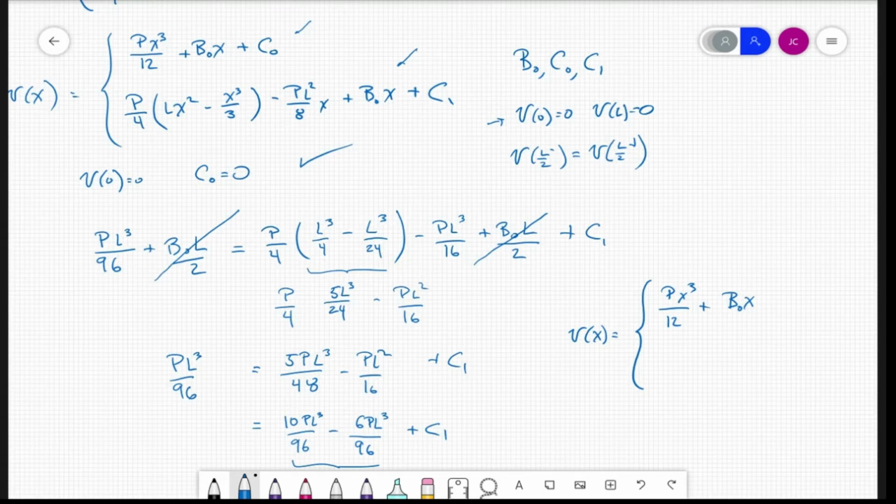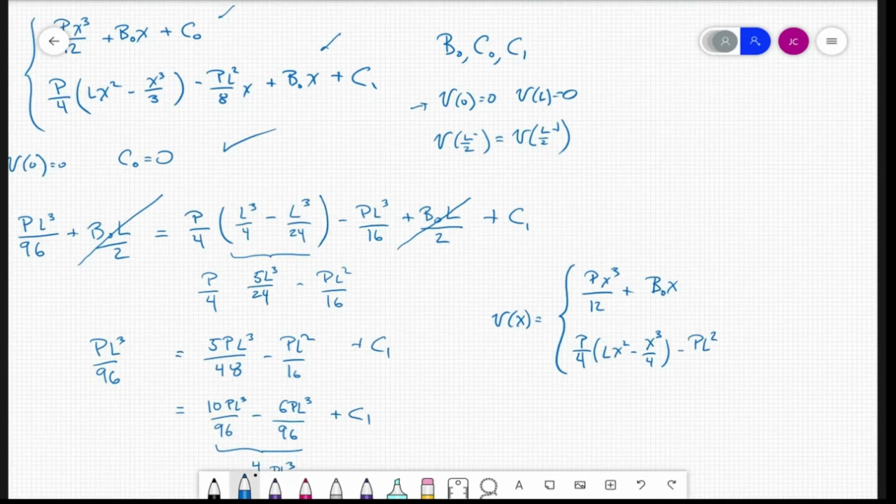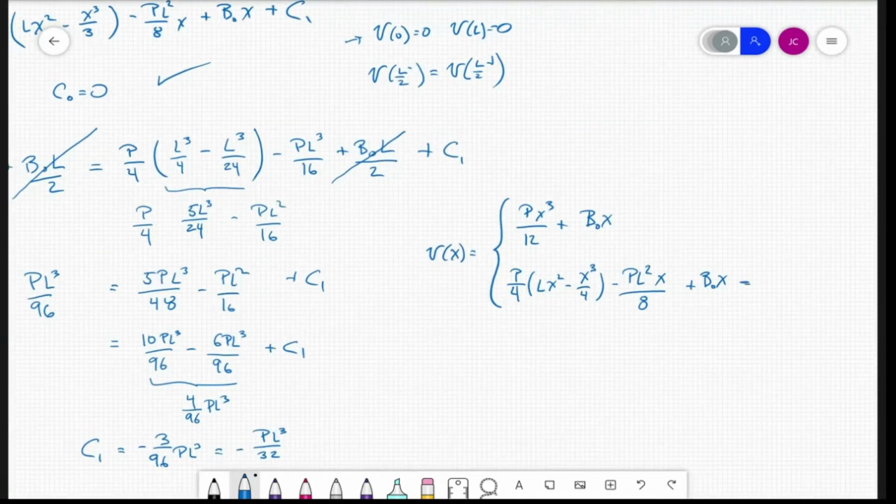And then down here, I have P on 4 LX squared minus X cubed on 3 minus PL squared on 8 X over 8 plus B0X plus C1, which we now know is minus PL cubed over 32, right?